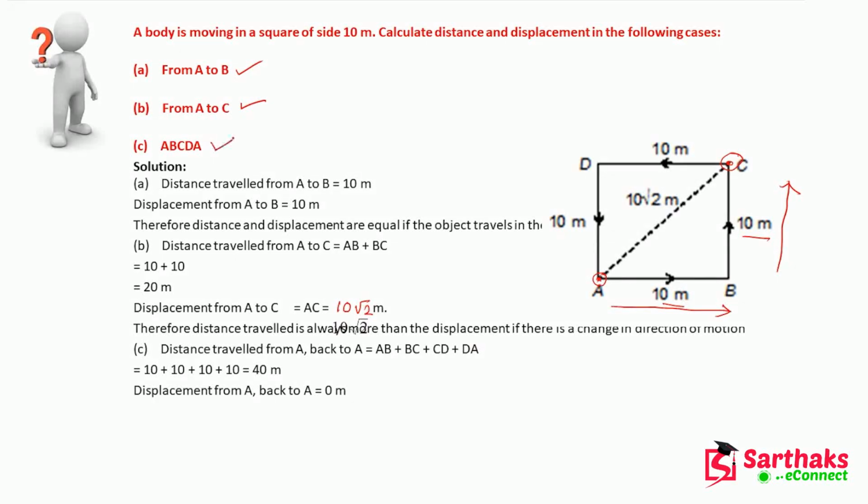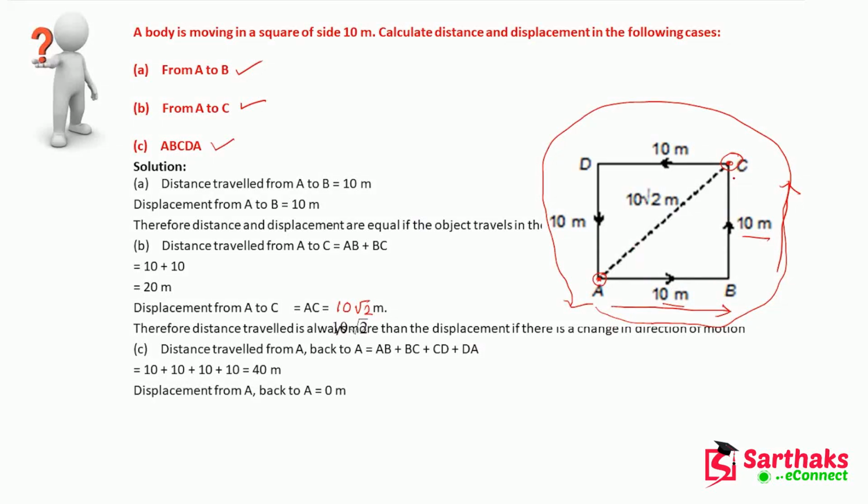Next is A, B, C, D, A. That means what is the movement? I have started the journey from here, then I follow this path and reach here. Right? So how much distance have I covered?